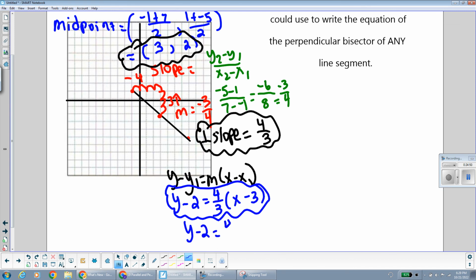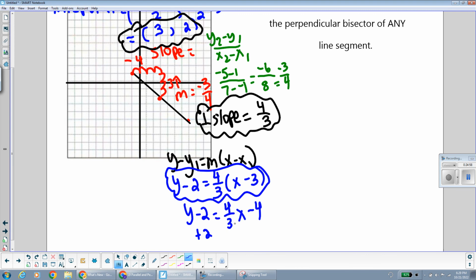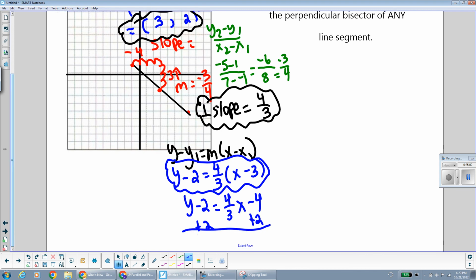I'm just going to distribute the 4 over 3. And then I need to add 2 to both sides. And we have y equals 4 over 3 x minus 2. The y-intercept is -2, so that's going to be my starting point for graphing.